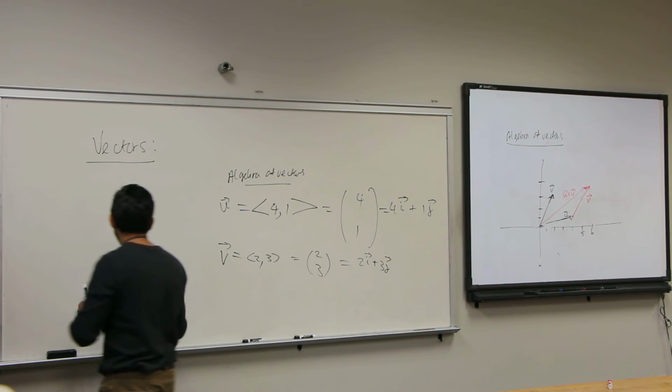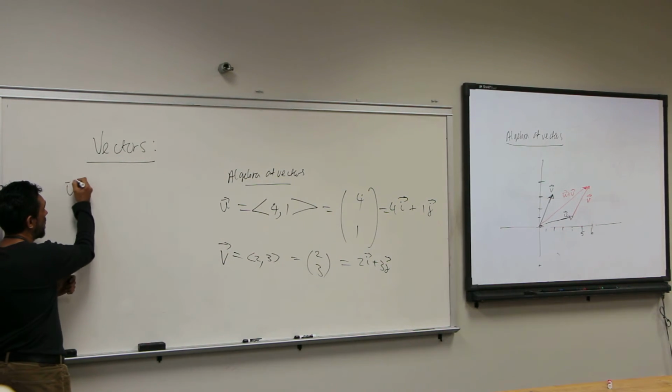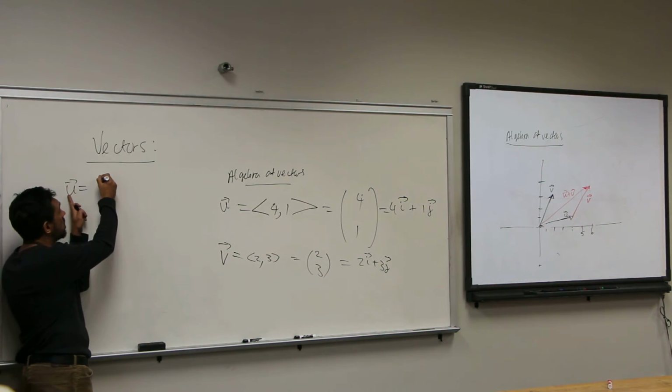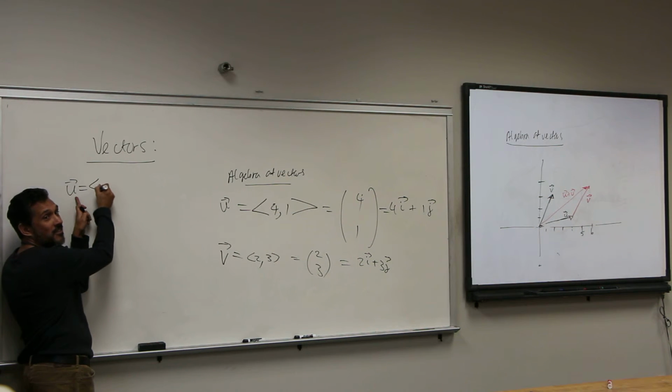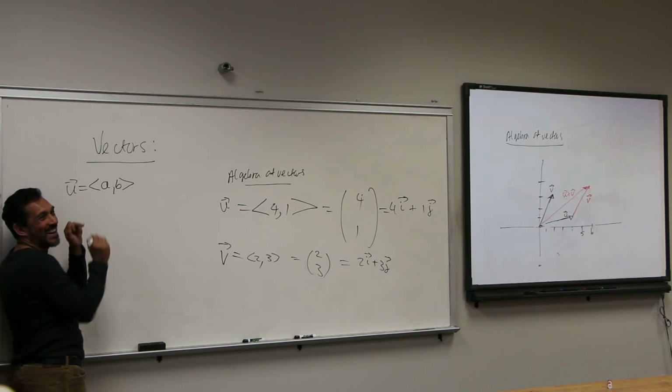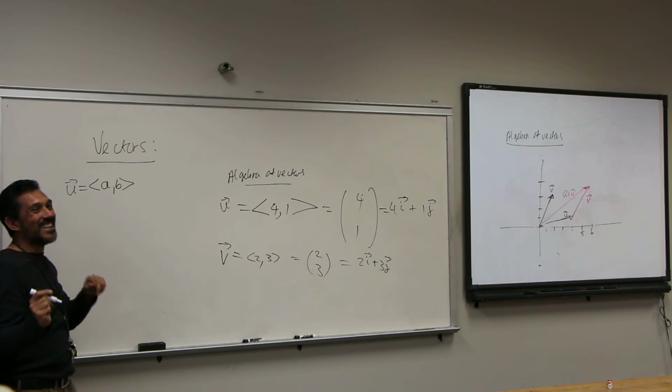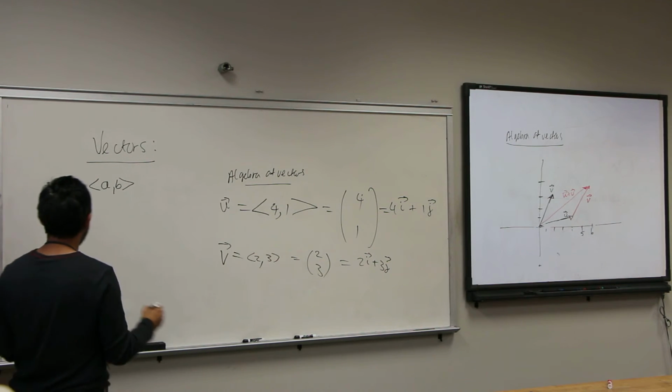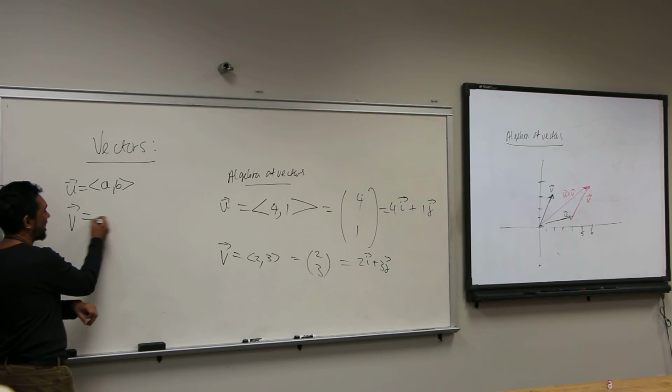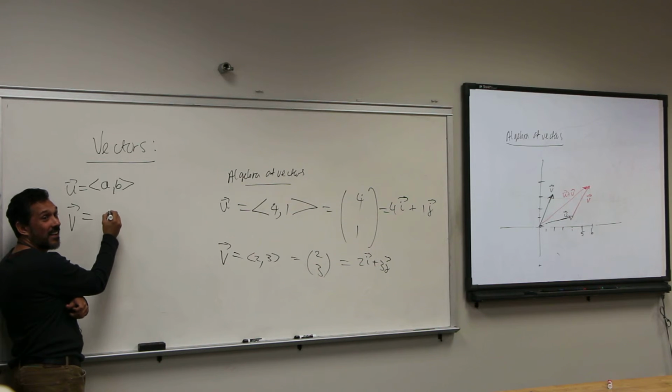So, won't you talk about any old vector? What vector? U vector. Now I'll use a and b, and v.